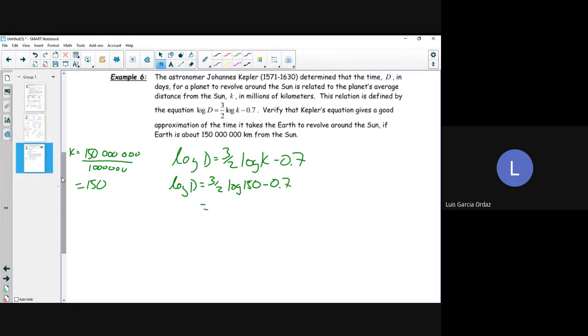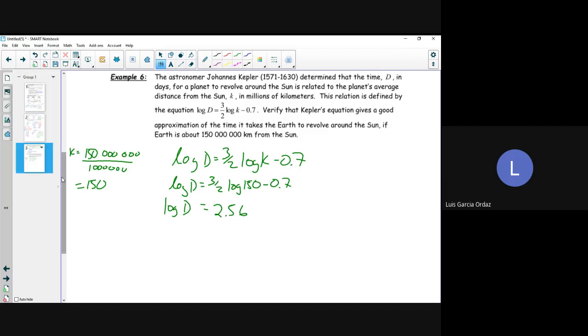So can somebody do the right side of this equation and compute it on their calculator, please? So what does 3 over 2 times log of 150 minus 0.7 give us? It is going to give us 2.56, which means log d is equal to 2.56.